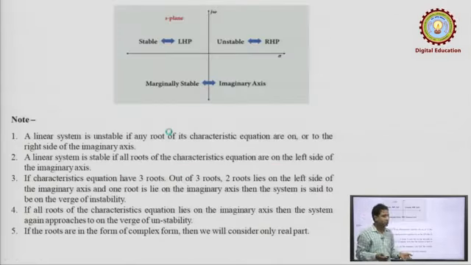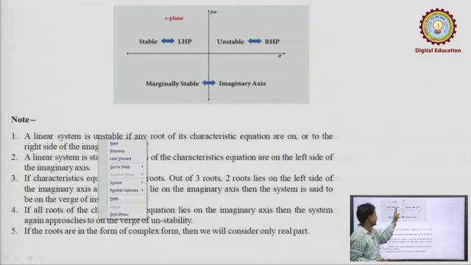Now you can see, if the roots of your characteristic equation lie on the left hand side of the imaginary plane, that means your system is stable, and if your roots lie on the right side of the imaginary plane, that means your system is unstable.